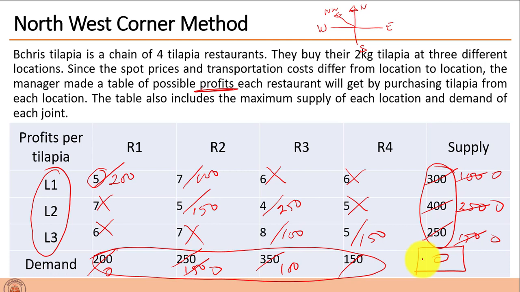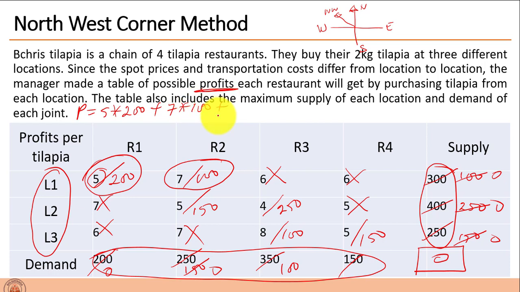So the profit is simply the product of the various distributions multiplied by the unit profit per each given point that we have allocated. So in this case, we can say our profit is equal to 5 multiplied by 200. That's the first one here. Then we add that to the product here, 7 multiplied by 100, plus, we come to the next one here, 5 times 150.